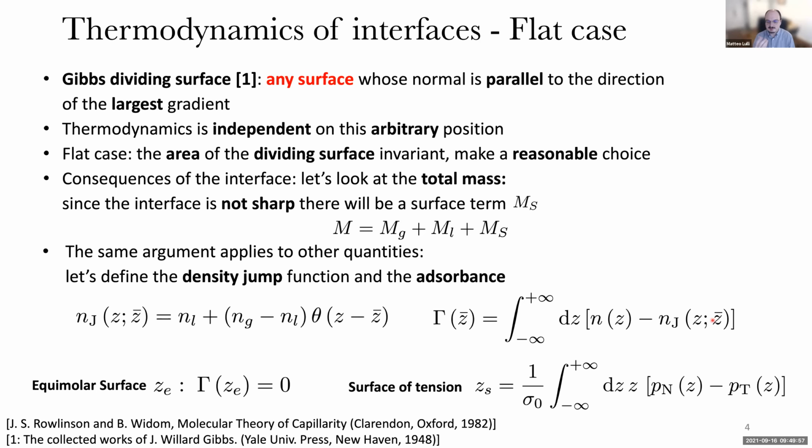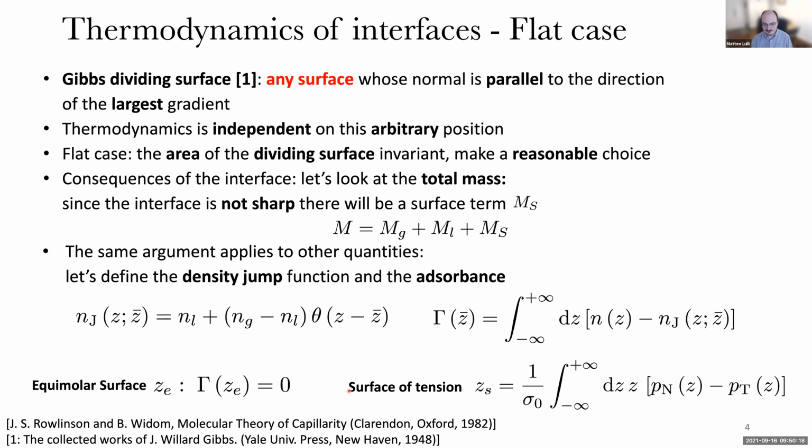Of course, since it is an integral, we can always find the value of Z bar such that this integral is 0, and this value corresponds to the equimolar surface. But this doesn't mean that the equimolar surface is the position of the interface. It's one of the possible choices.